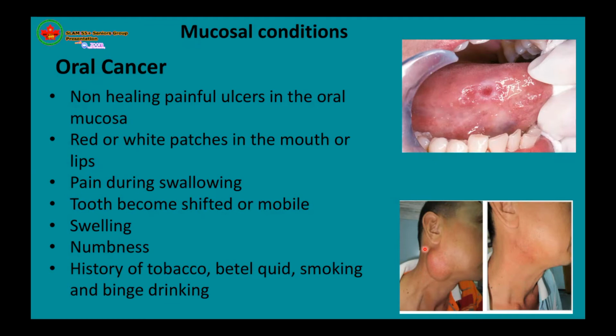Oral cancer can be identified by non-healing painful ulcers in the oral mucosa, red or white patches in the mouth or lips, pain during swallowing, sudden increase in tooth mobility, swelling in the orofacial tissues, numbness, and associated history, where the patient has a history of tobacco, betel quid, and smoking.